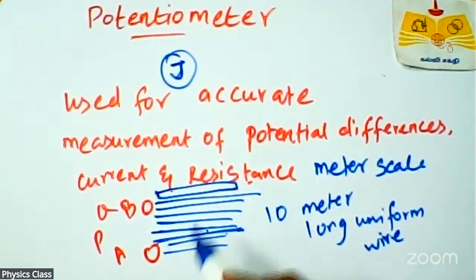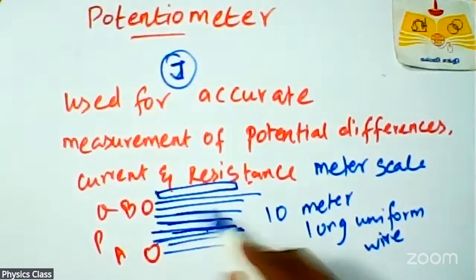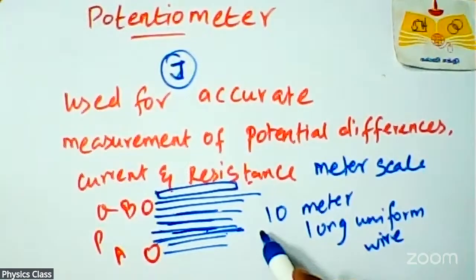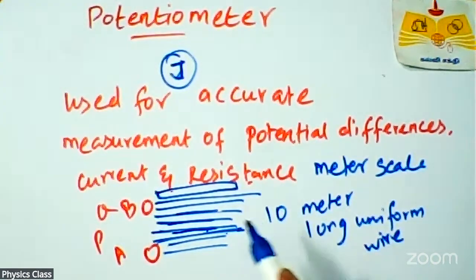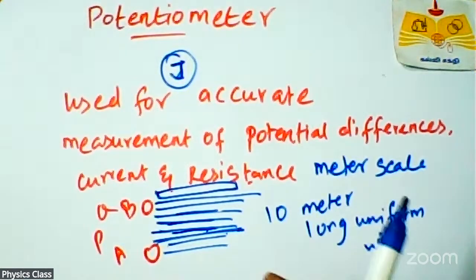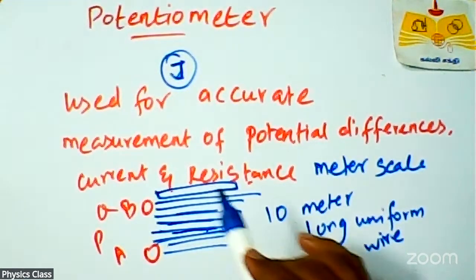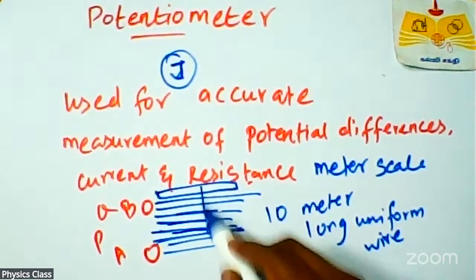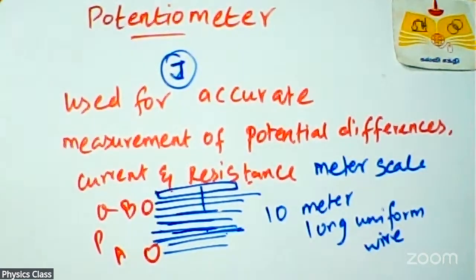The jockey is provided for making contact. The jockey slides over this wire, and then we have to see the deflection in the galvanometer. Whenever the galvanometer shows zero deflection, note that reading using this scale, maybe 755 centimeter or 829 centimeter, whatever. So this is the basic process.